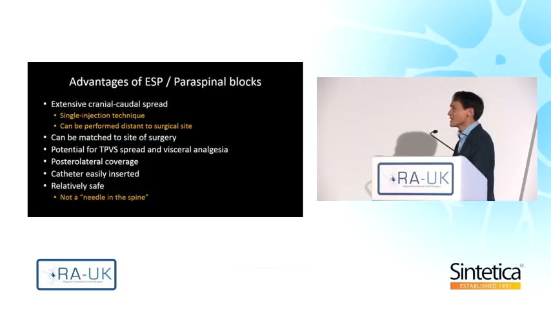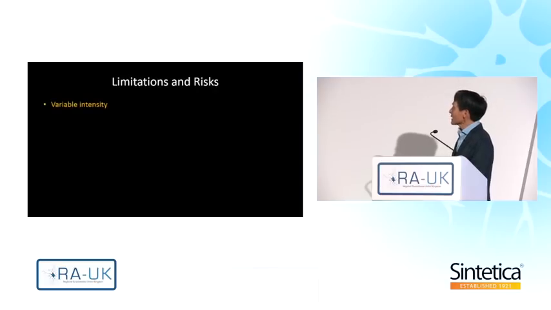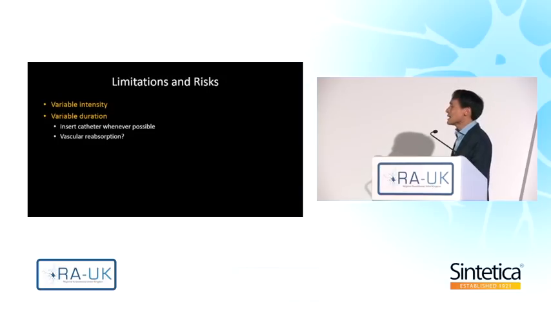But if it was literally telling them that we're going to do an epidural, even the paravertebral, I suspect many of them would refuse. At this time, as I said, because we're injecting distant to the sites of interest, it's going to be variable in intensity, it's going to be variable in duration. So I would suggest inserting a catheter wherever possible. Some of that offset in duration may be due to vascular reabsorption. So I'm going to say that last is a real risk.